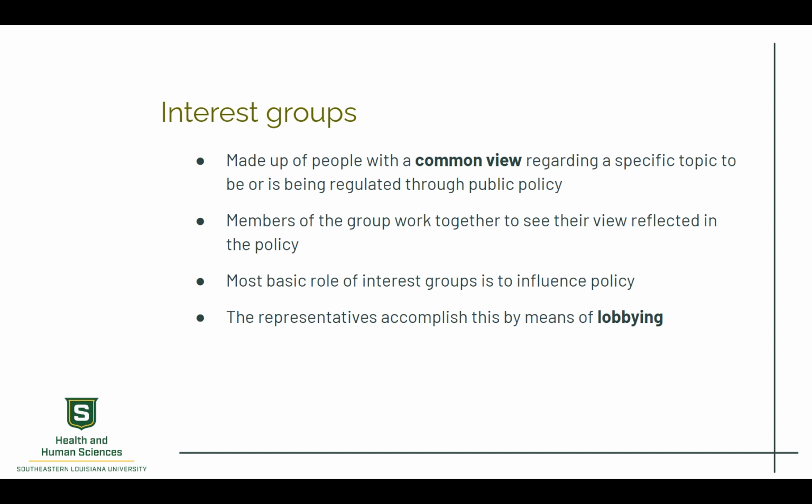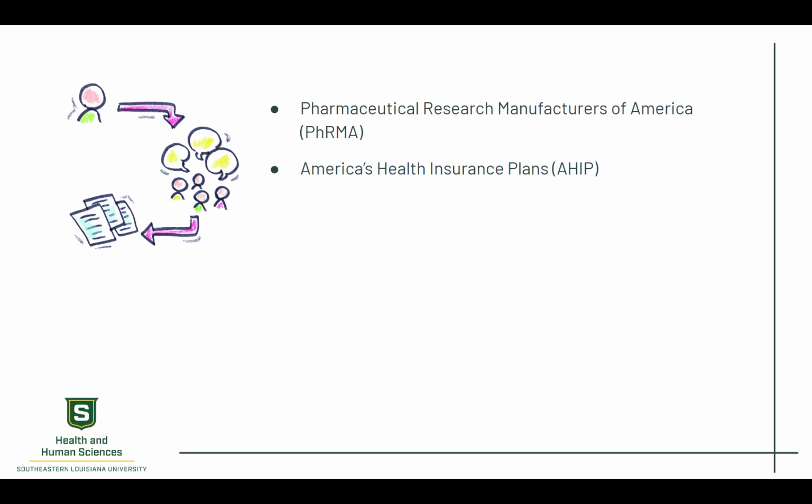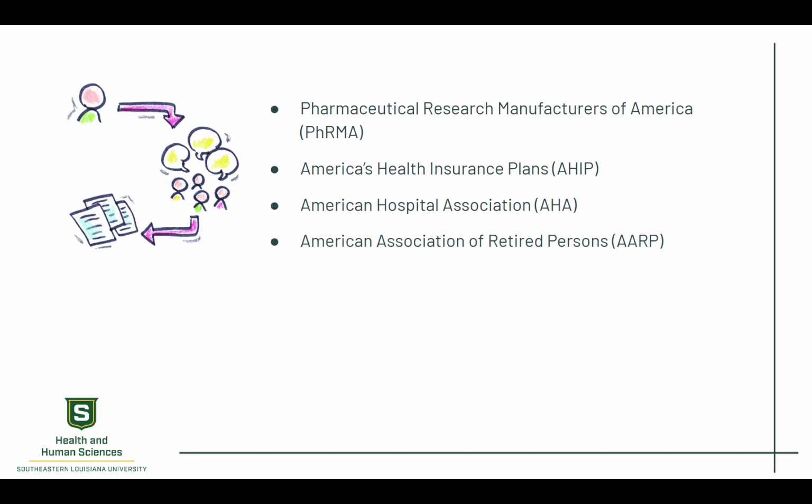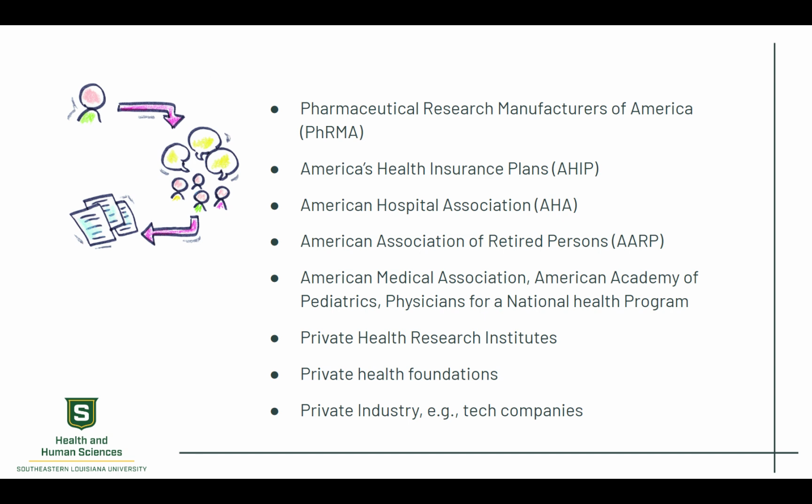And there are a number of those special interest groups: we have the Pharmaceutical Research and Manufacturers of America, the American Hospital Association, and the private health research institutes. You have a couple of private health foundations, and then you have private industries. An example would be tech companies.